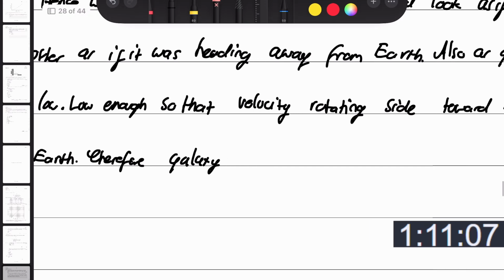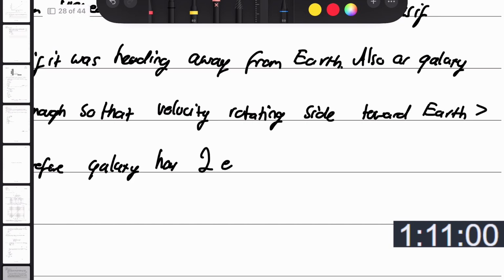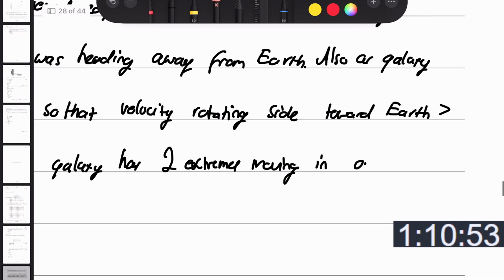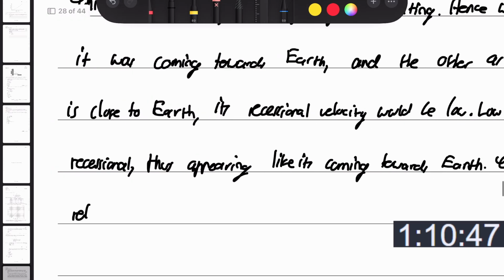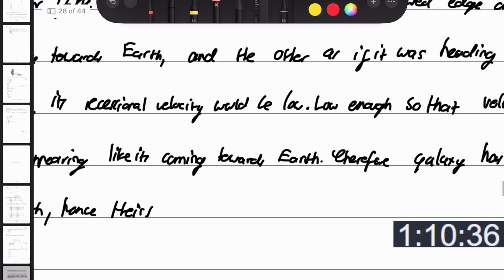the galaxy has 2 extremes moving in opposite directions relative to Earth. Hence, their velocities will be on opposite sides.